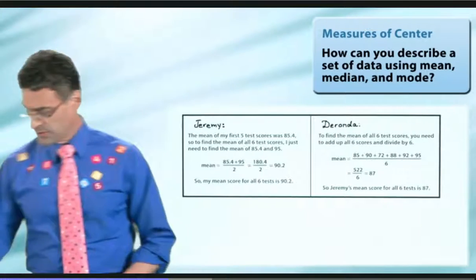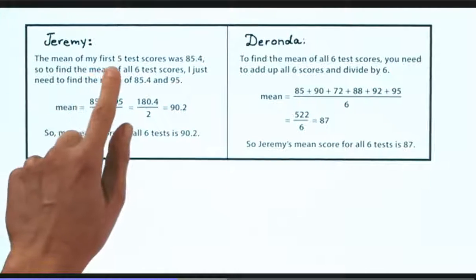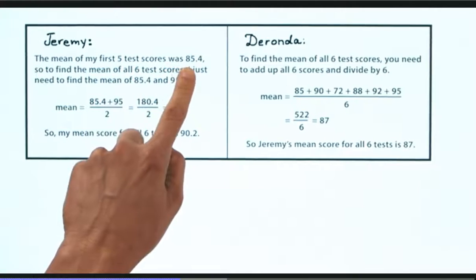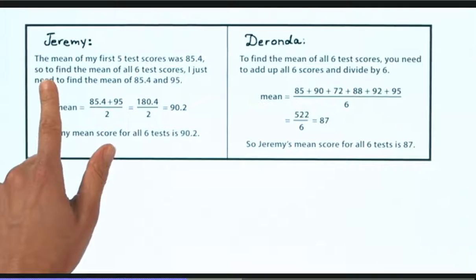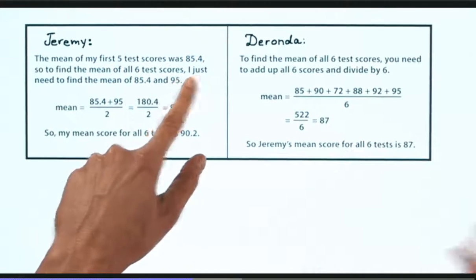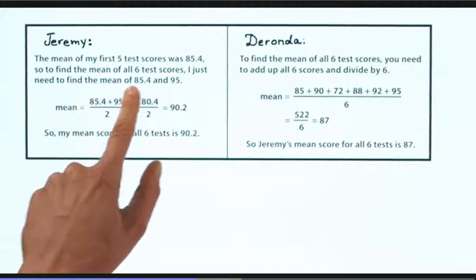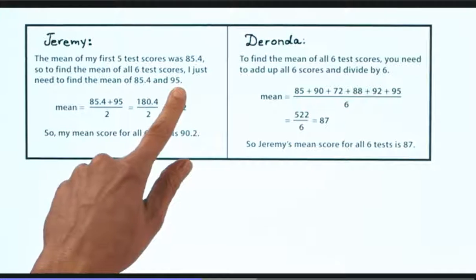Okay, so let's take a look at both and see if we can analyze them. So let's see what Jeremy says. Jeremy says, okay, the mean of my first 5 test scores was 85 and 4/10. So, to find the mean of all 6 test scores, I just need to find the mean of 85 and 4/10 and 95.